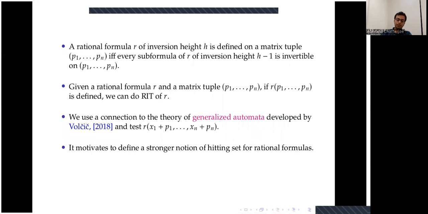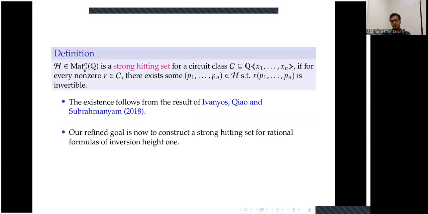That motivates us to define this notion of strong hitting set. In the hitting set definition, we just ensured that R of P1 to Pn would be non-zero. Now we are saying that in the list of evaluations, there will be one point such that R of P1 to Pn will also be invertible.